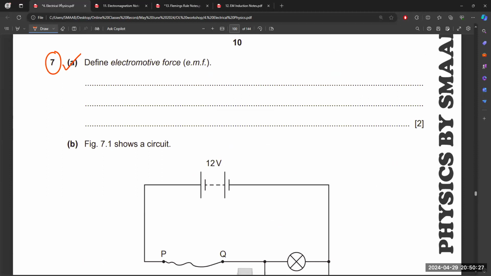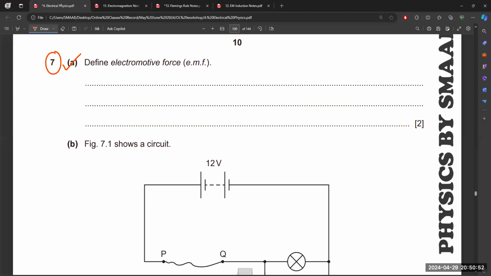So define EMF, electromotive force. It is given off from a battery to push free-moving electrons to complete the current.